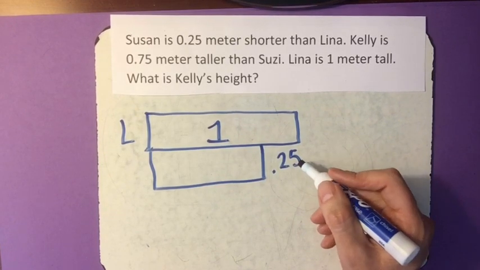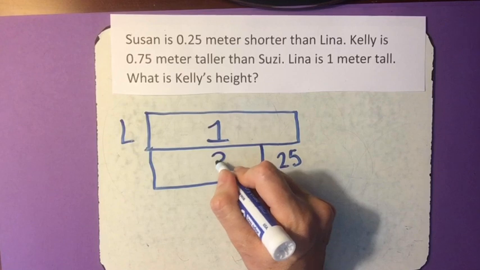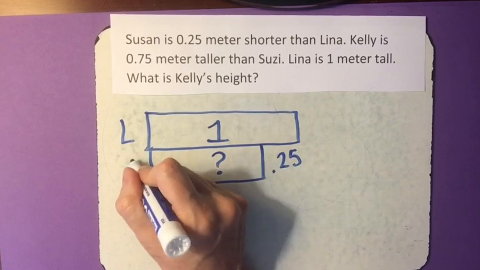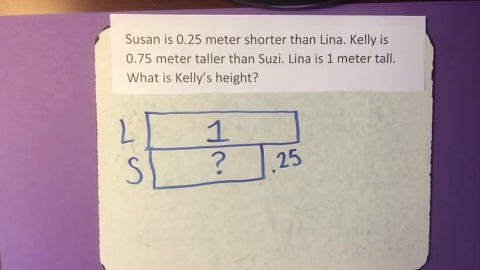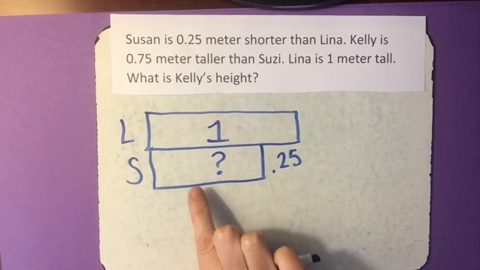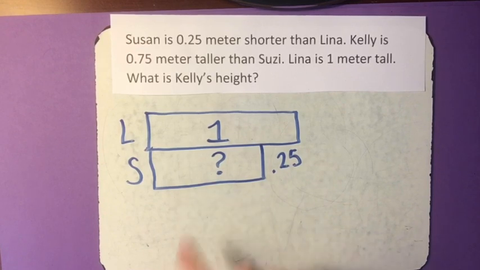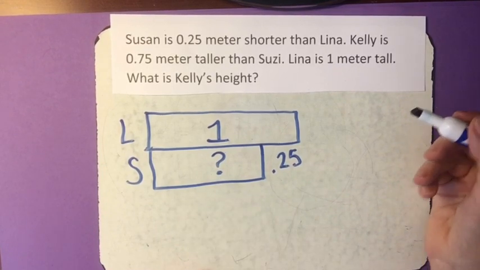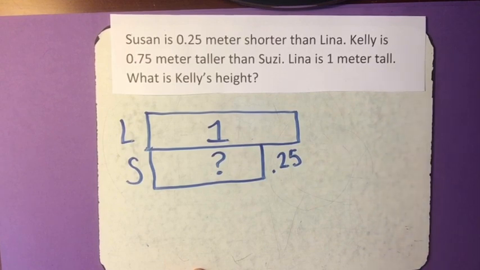So I know this part. This is the part of Susan's height that I don't know. And you might be mental mathing that right now, which is great, right? If you're not sure, let's go ahead and solve for Susan, because I think that might help us with Kelly.